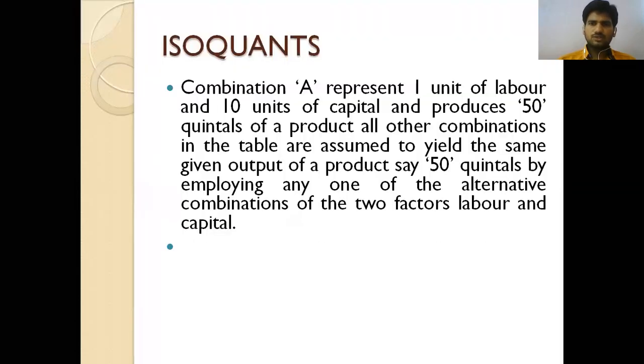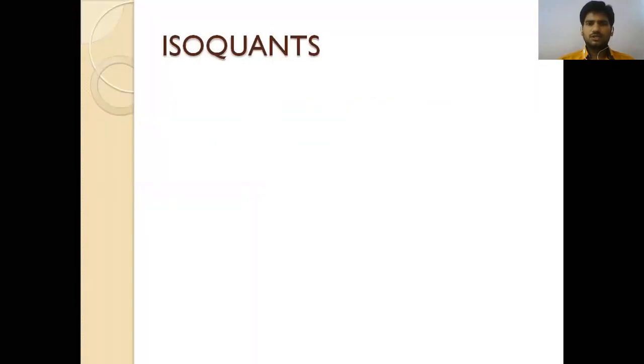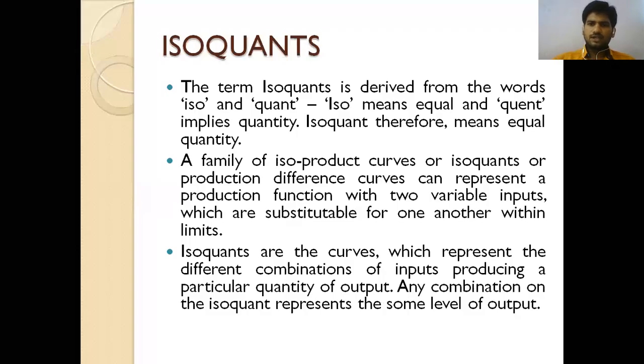So the meaning of isoquant is, we can divide that word into two terms, that is ISO and quant. ISO means equal, and quant implies quantity. Equal quantities.